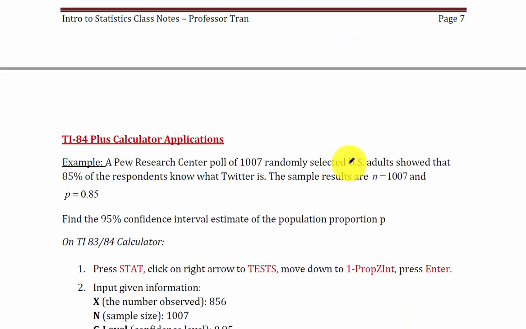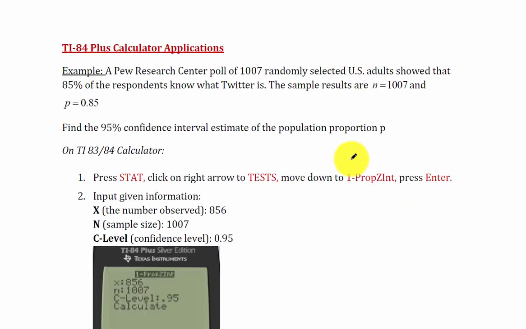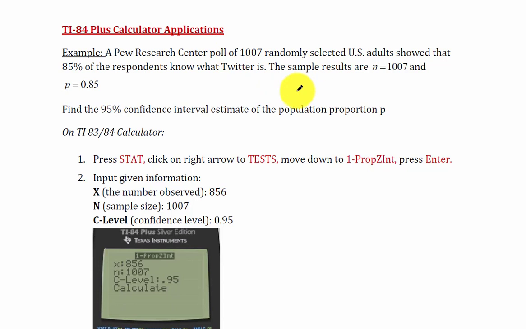So we can figure out the point estimate and the margin of error if we know the confidence interval. So the last example here is just how do we use the TI-84 Plus calculator to solve the problem that we just did before. So I use the same example. Recall that in the previous example, there were 1,007 randomly selected US adults, and 85% of the respondents know what Twitter is.